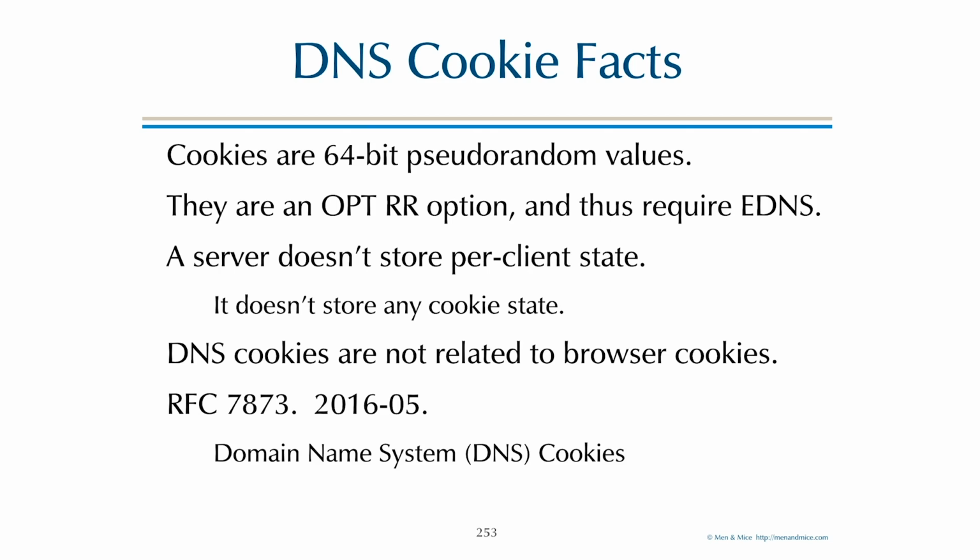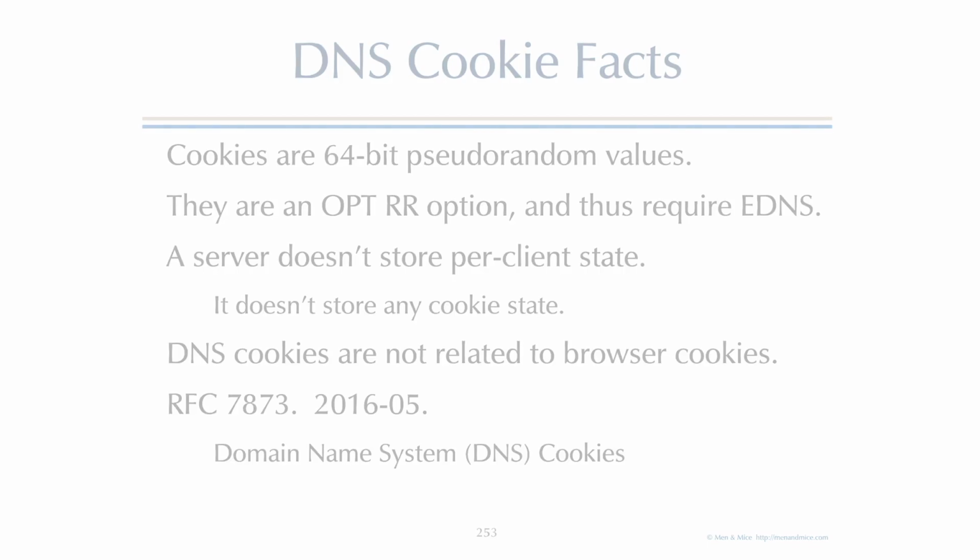If the server needed to store information about every client's cookie, this would be a very heavy solution. But it's a light solution. It doesn't store any state or any cookies at all. DNS cookies are not related to browser cookies, and RFC 7873 from May of 2016 was the standardization. There's the name.